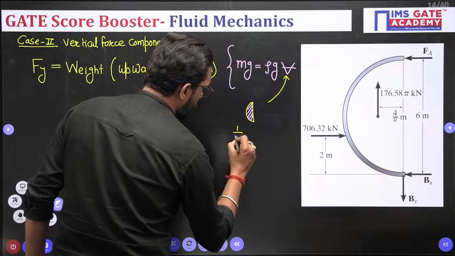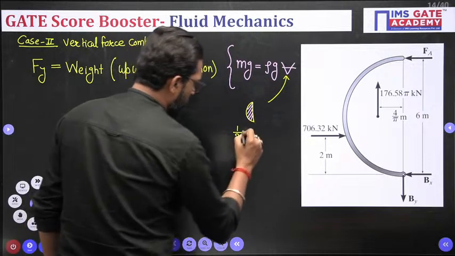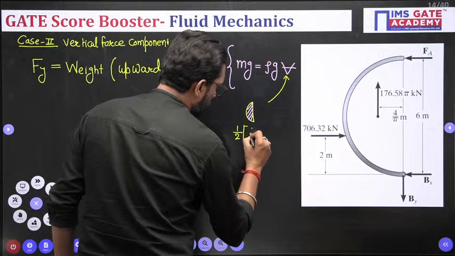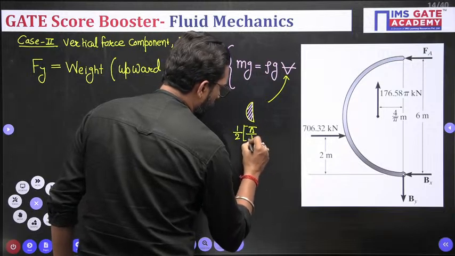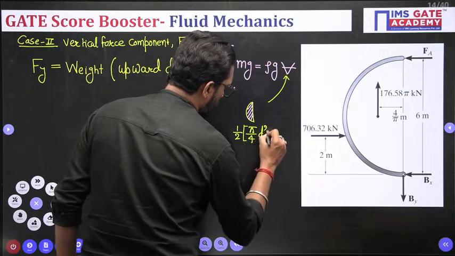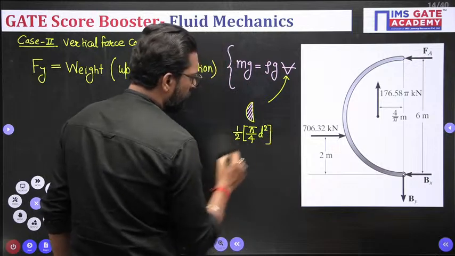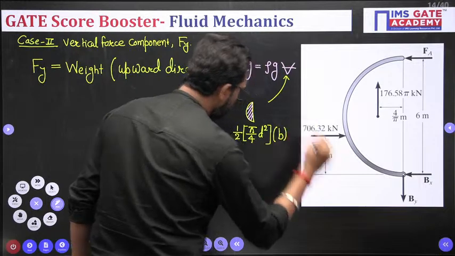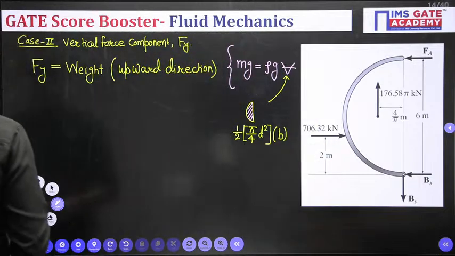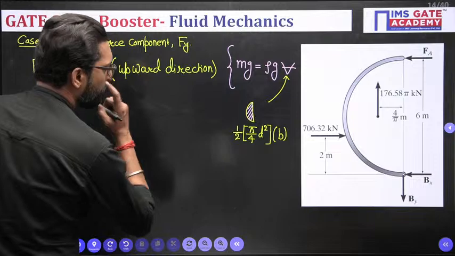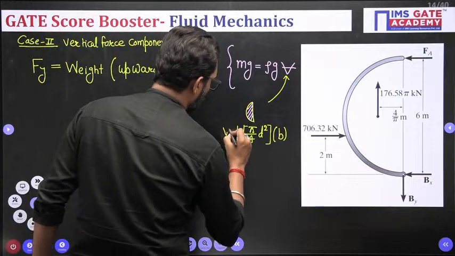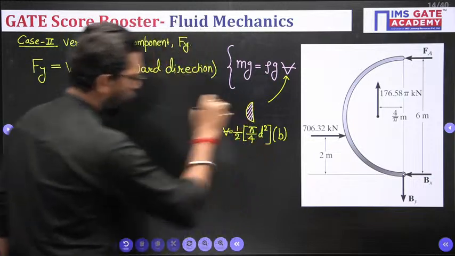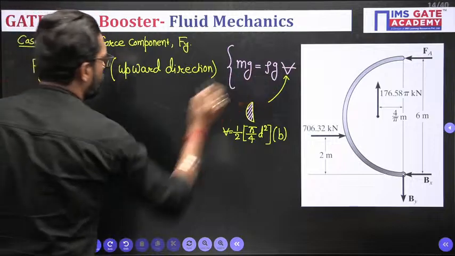So if you find the volume of this one, it is half into pi by 4 d square, the cross section area, into width B. This is your volume, into rho into g.